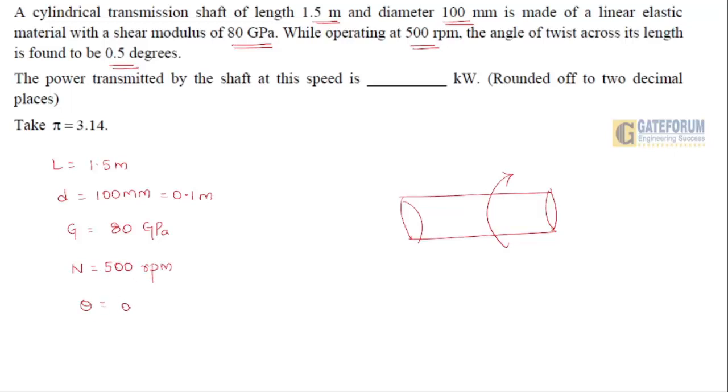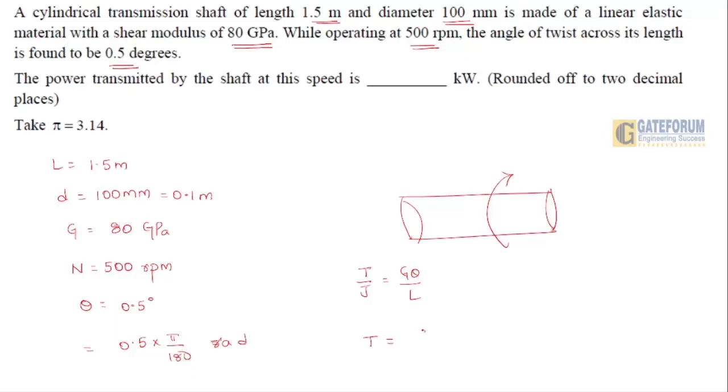angle of twist theta is 0.5 degree, which will be 0.5 into pi by 180 radians. We all know T by J is equal to G theta by L, right? Torsion equation, T by J equal to tau by R equal to G theta by L. And also J is pi d power 4 by 32, right?